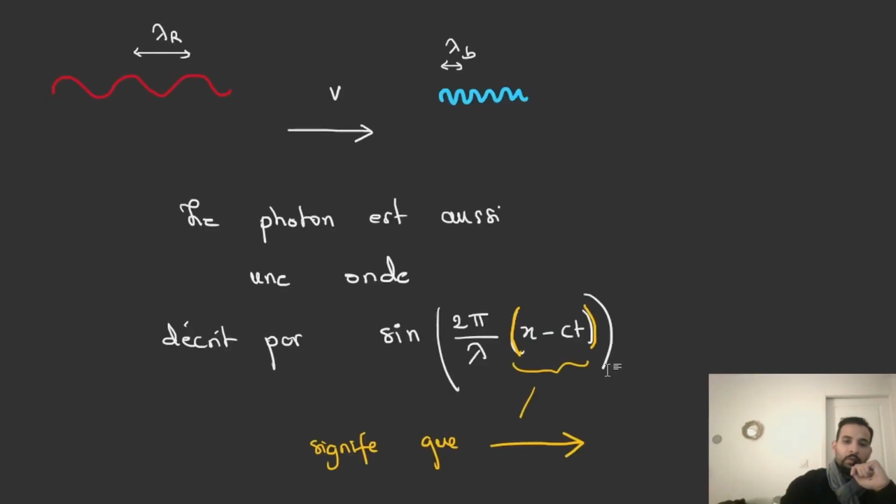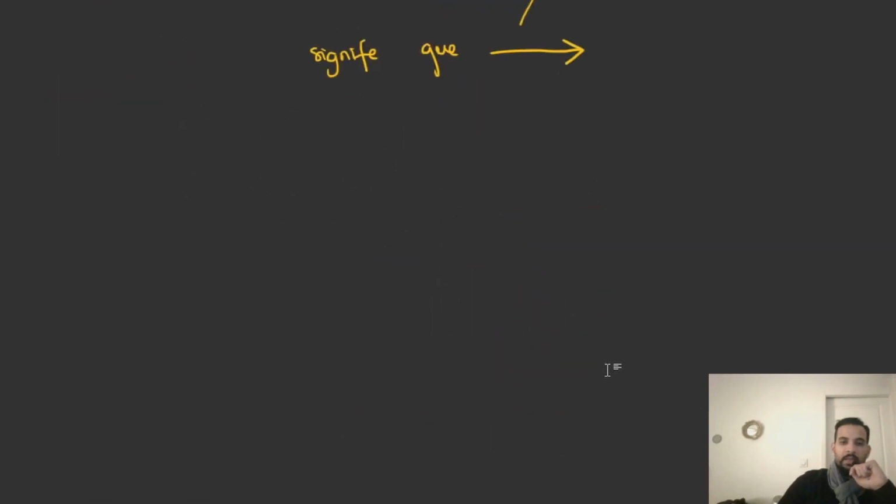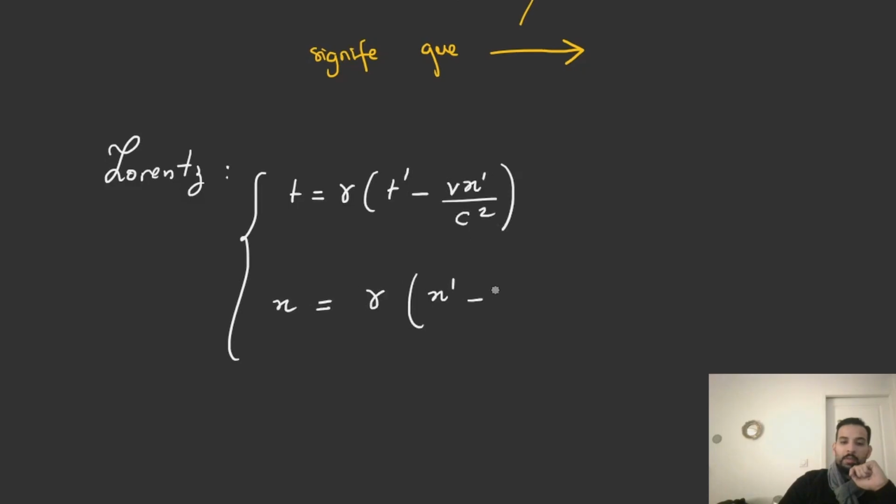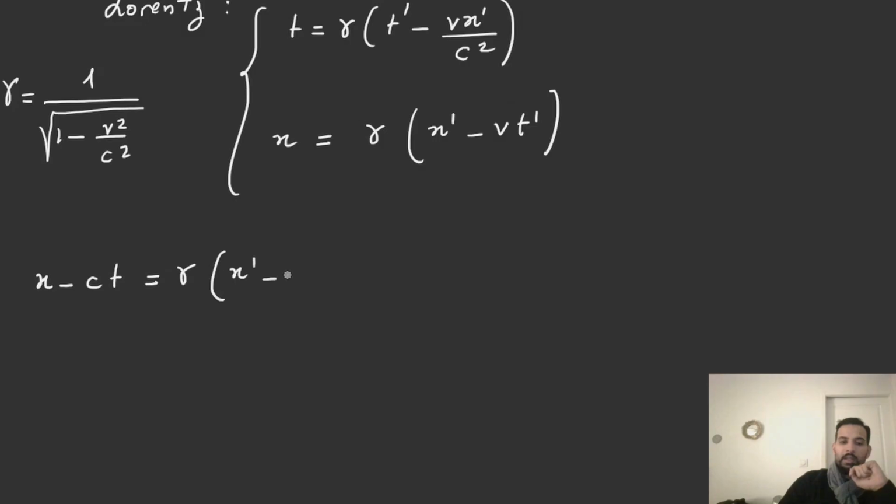In the case where the box is moving, it is necessary to take into account the transformations of the coordinates of the reference frame of the moving box. This implies replacing x − ct with x′ − ct′, using the Lorentz transformations to express the relation between x, t and x′, t′.